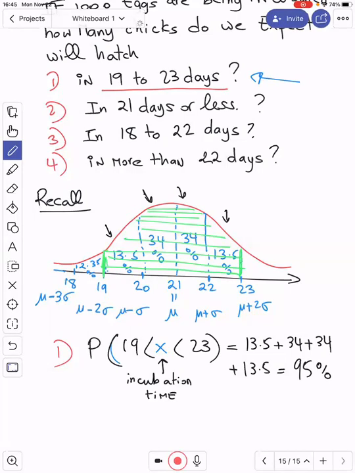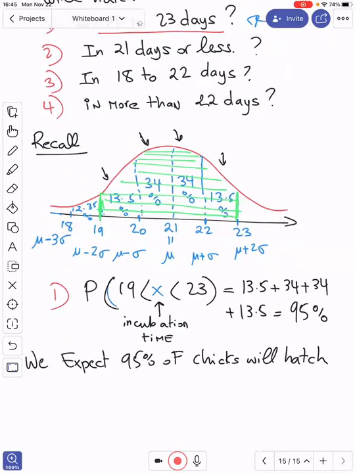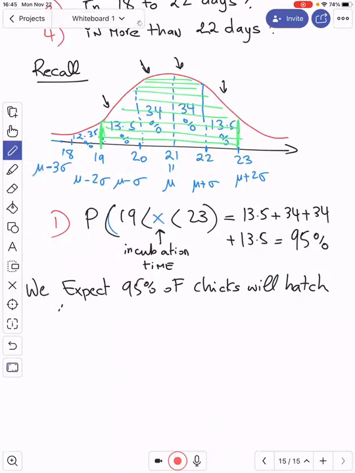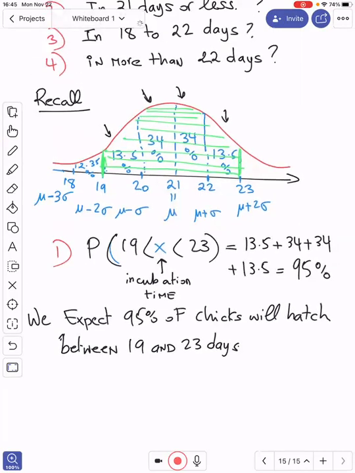So we expect 95% of the chicks will hatch between 19 and 23 days. Now, of course, we have 1,000 eggs.